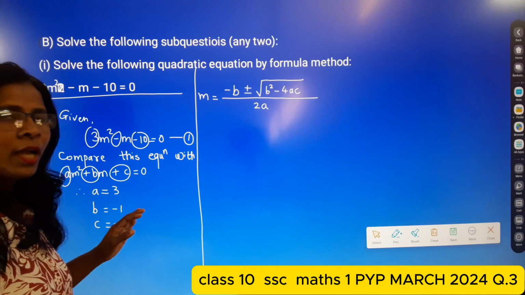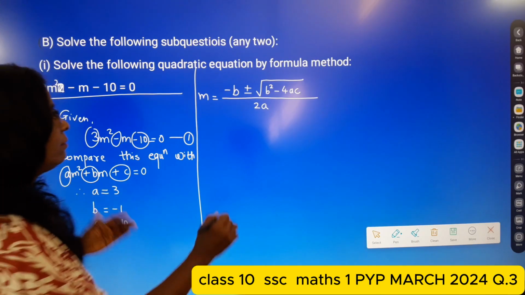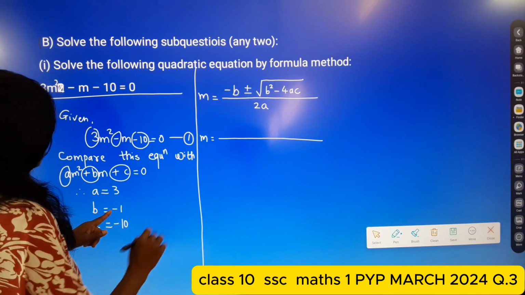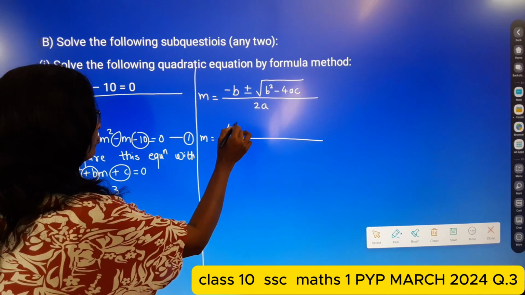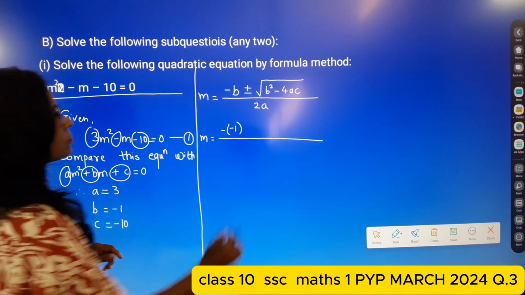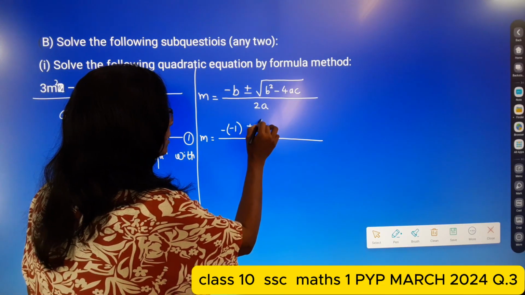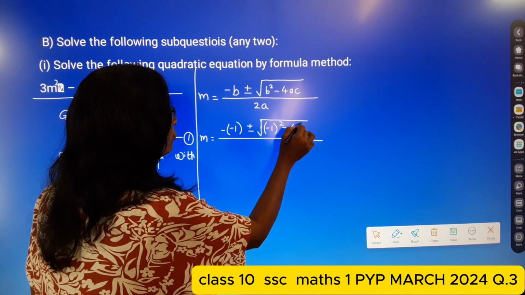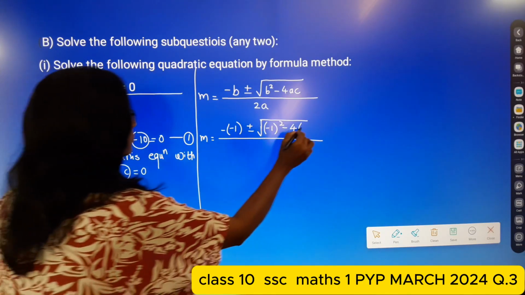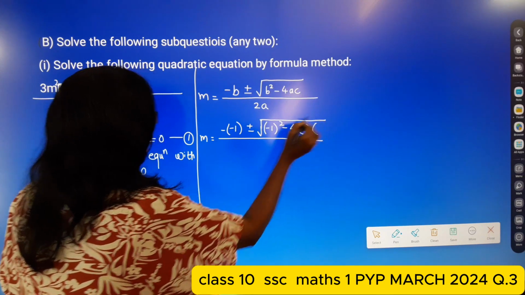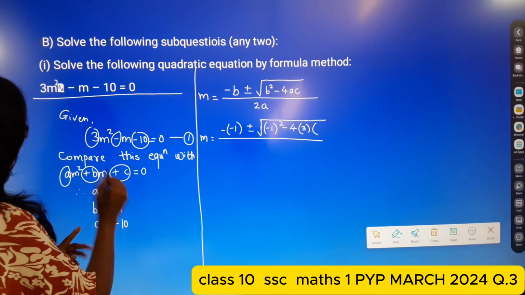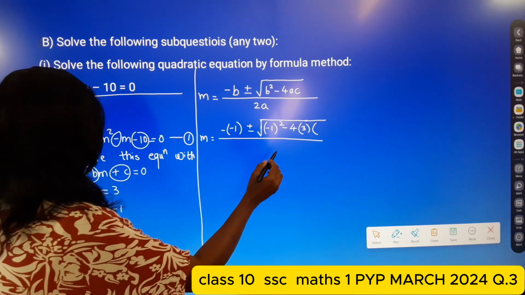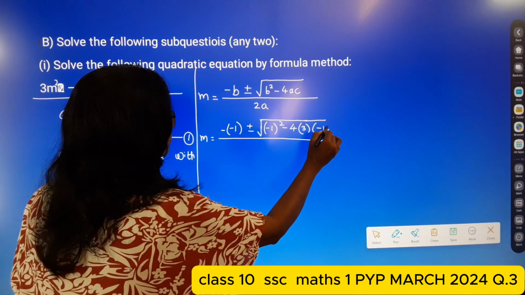Okay. Now here we have the values of a, b, c, the 3 values. So m is equal to, now here substitution, minus of minus 1, plus or minus the square root of minus 1 whole bracket square minus 4 multiplied by 3 multiplied by c, that is minus 10.